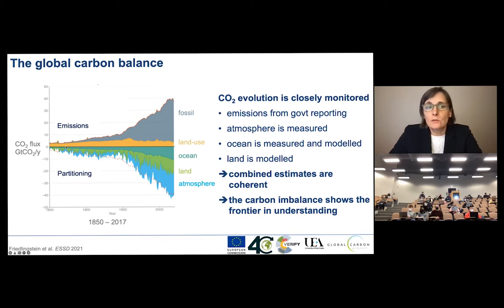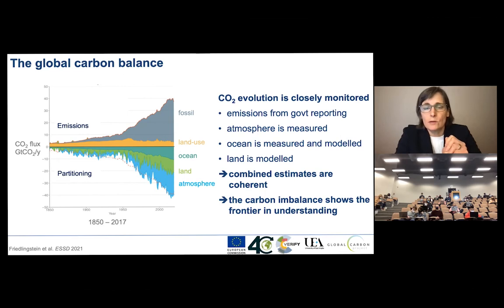Historically, land use was the biggest emitter of CO2 until about the 1950s, 1960s, when fossil emissions really kicked off, initially coal very much, then oil and gas. And you see today that these emissions are growing extremely rapidly.